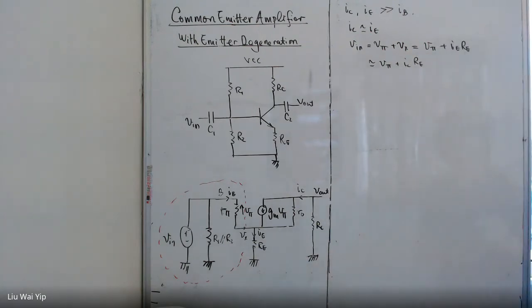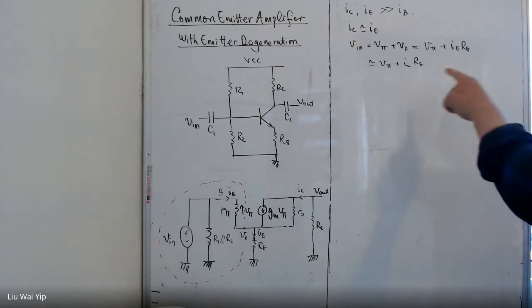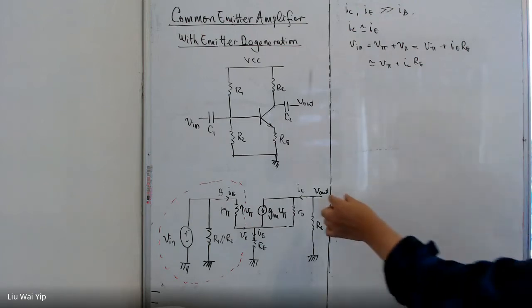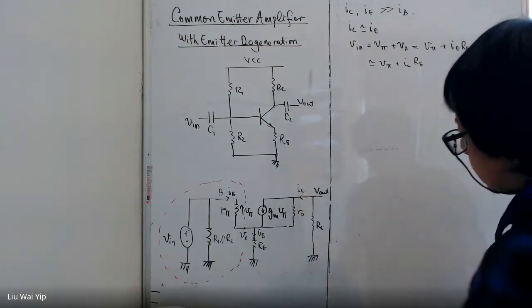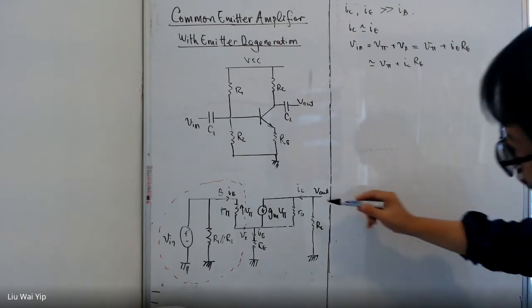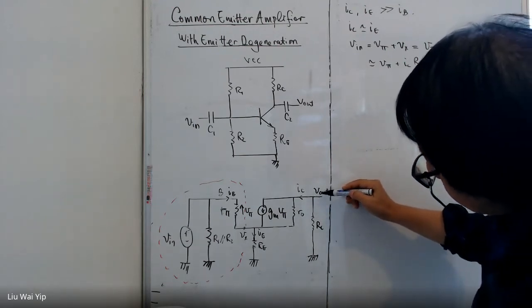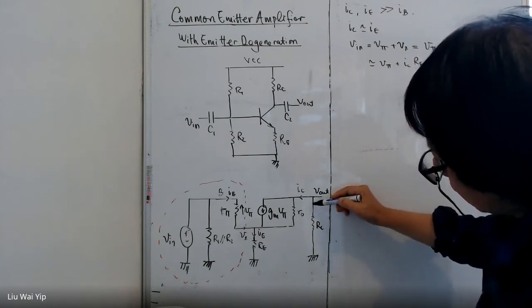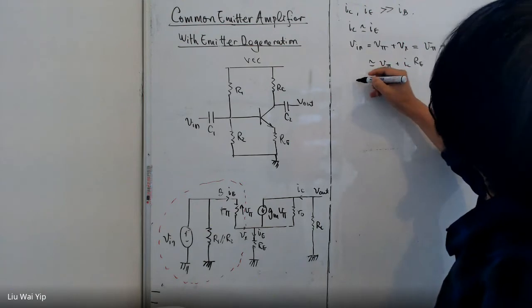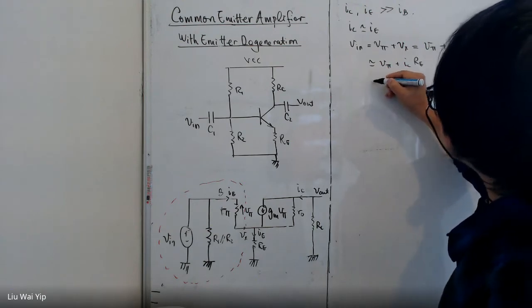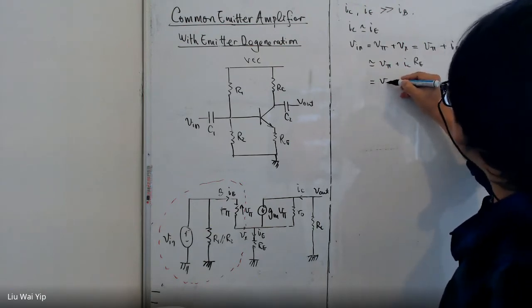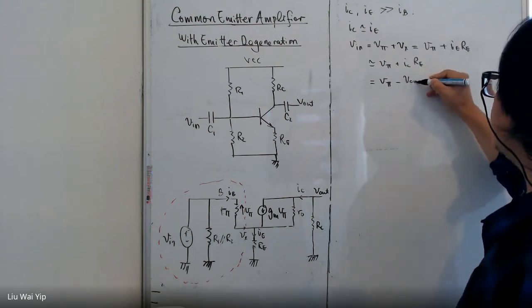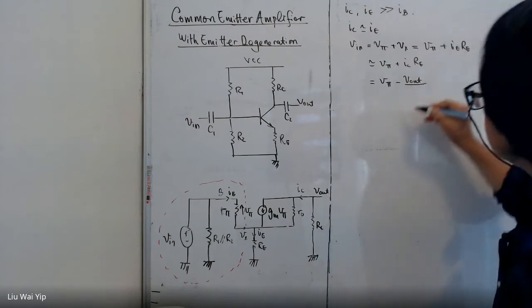And now the problem is IC. What is IC? We can work out IC just based on the output level here. VL divided by RC is the current going downward. So IC is going to be minus VL divided by RC.